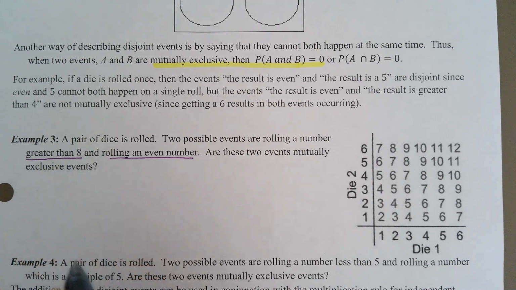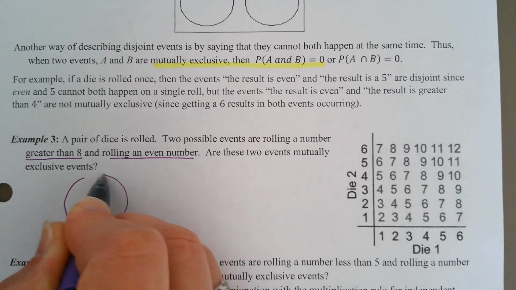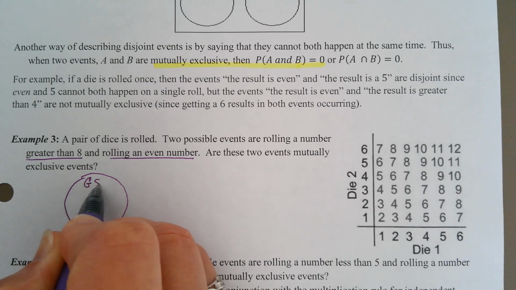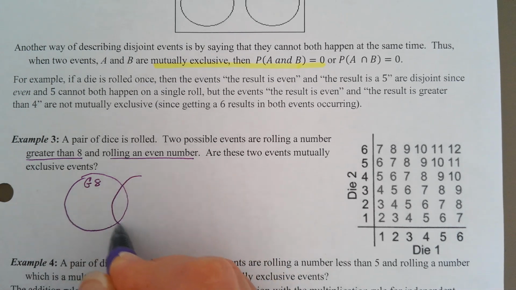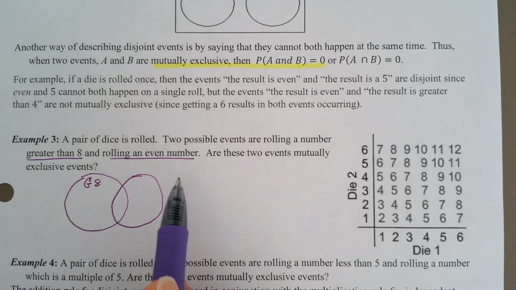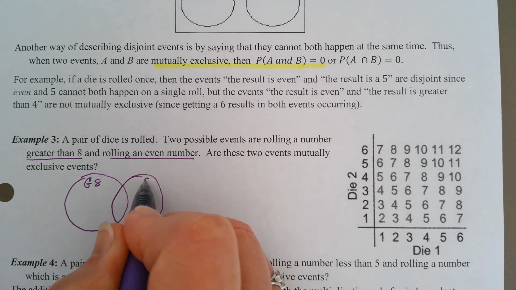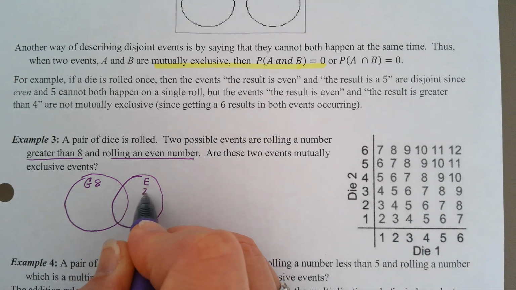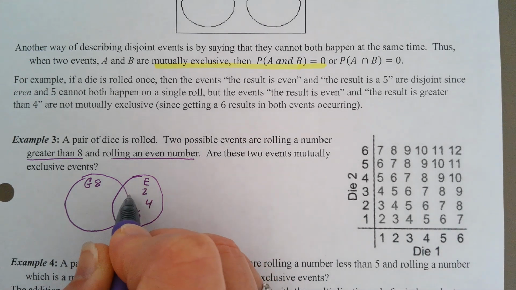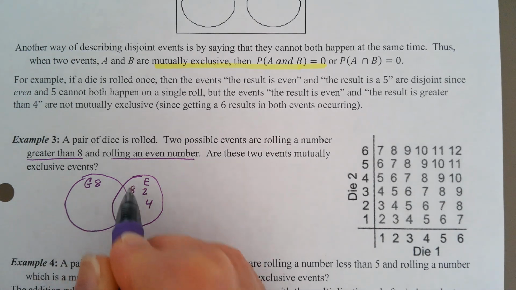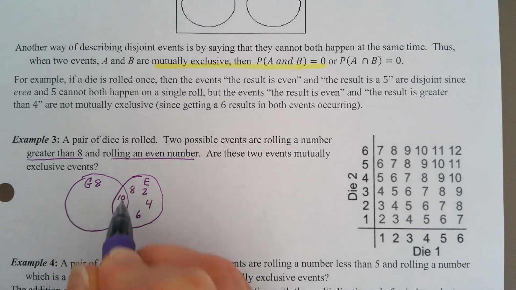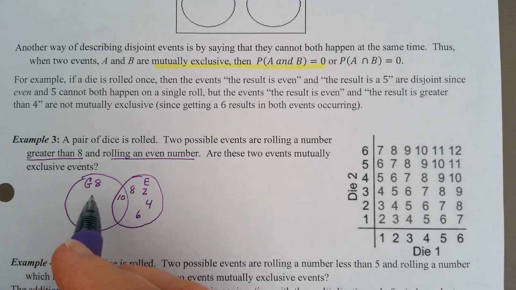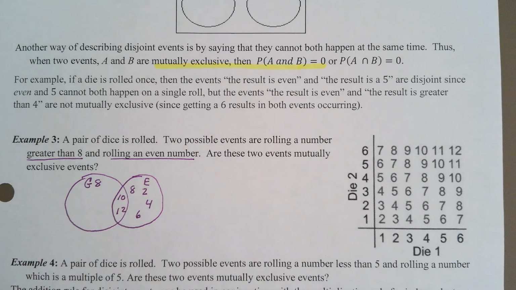Greater than 8, well, let's draw a Venn diagram. So I'm going to say greater than 8 and rolling an even number. Okay, so our even outcomes, we've got 2, 4, 6, 8, 10, and 12. 10 is greater than 8 and also even, and 12 is greater than 8 and also even.